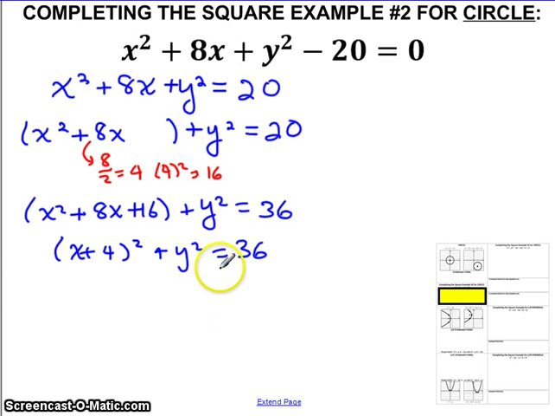What you're going to notice about standard form on all 4 of these conics is that we're going to have parentheses with x plus a number, x minus a number inside. And what we really want is the same thing with y. In other words, we want y plus a number, y minus a number. So I'm going to make a slight adjustment here.